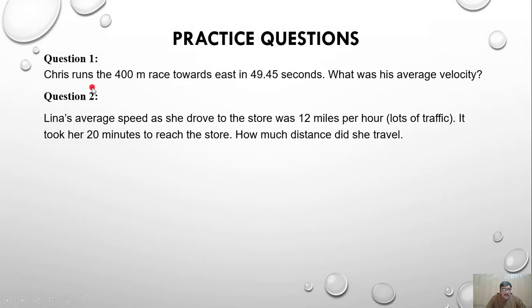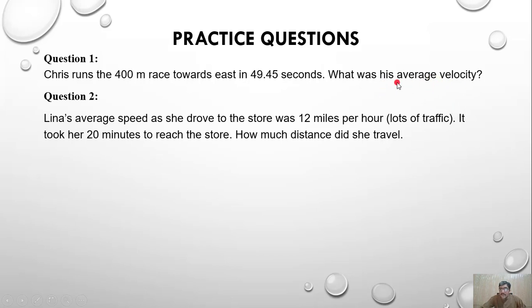Here are two practice questions for you. Chris runs the 400-meter race towards east. So there was a race and Chris runs a 400-meter race towards east in 49.5 seconds. Time is given in seconds. Distance is in meters. What was his average velocity?